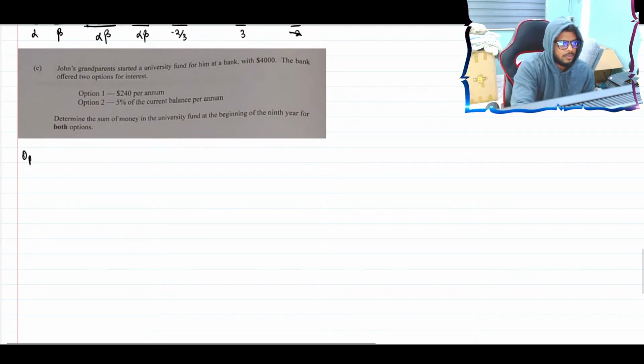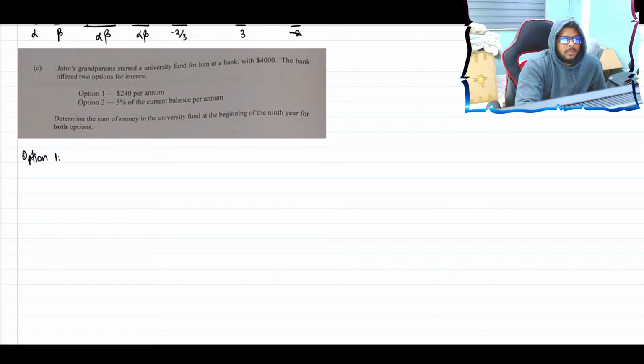All right, so option 1. If he is collecting $240 per year, the sum of money in the university fund at the beginning of the 9th year is going to be the money in the fund at the end of the 8th year.